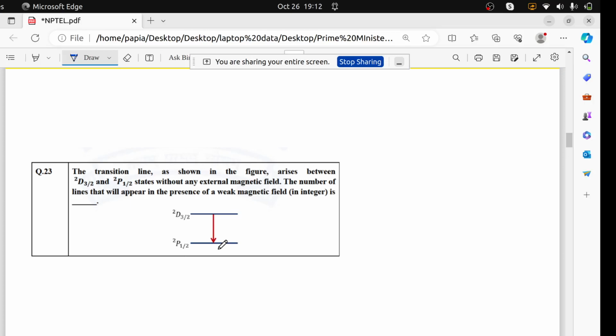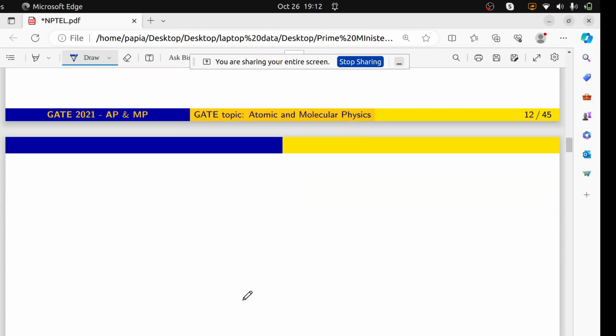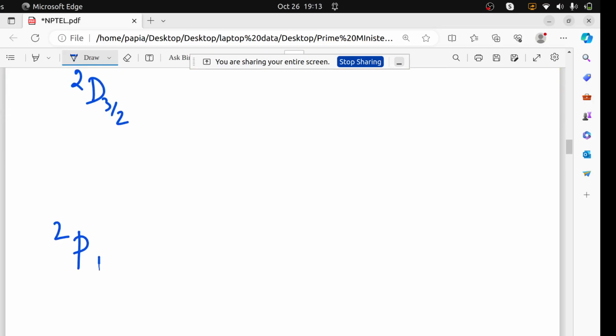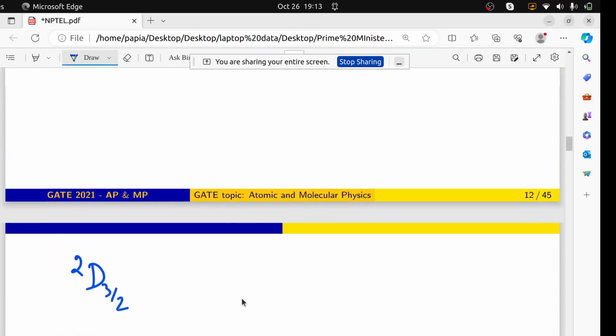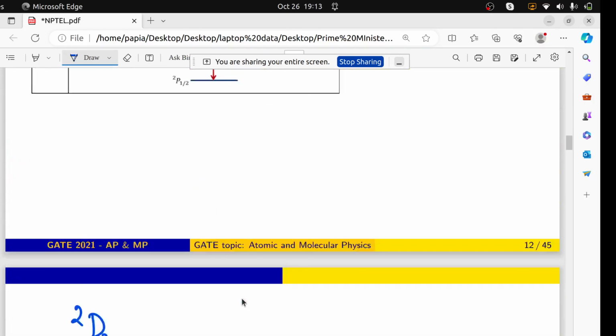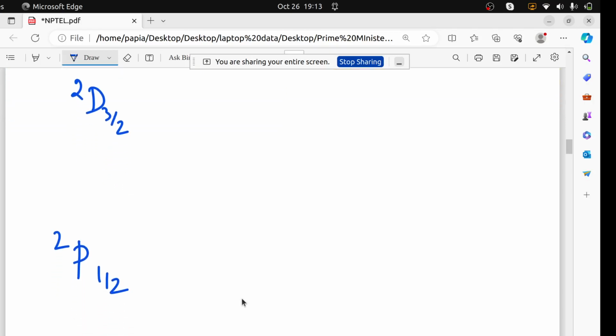That is the thing. So what we will do? We will simply do whatever we are doing in the Zeeman effect theory part also. We will do the same thing here. 2D3/2, 2P1/2, right? Now you can see here, when there was no magnetic field, then there was only J here.